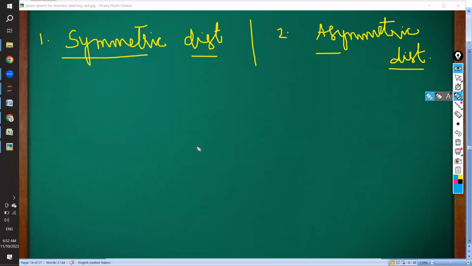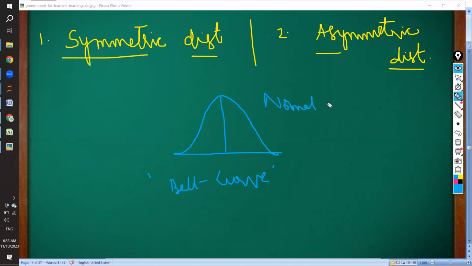But as of now, understand that normal distribution is a symmetric distribution where the shape will be like a bell curve.